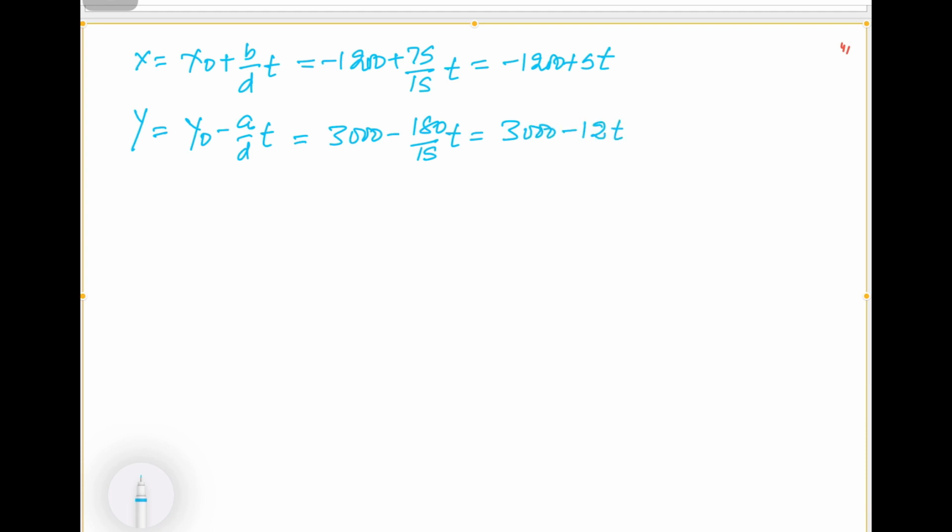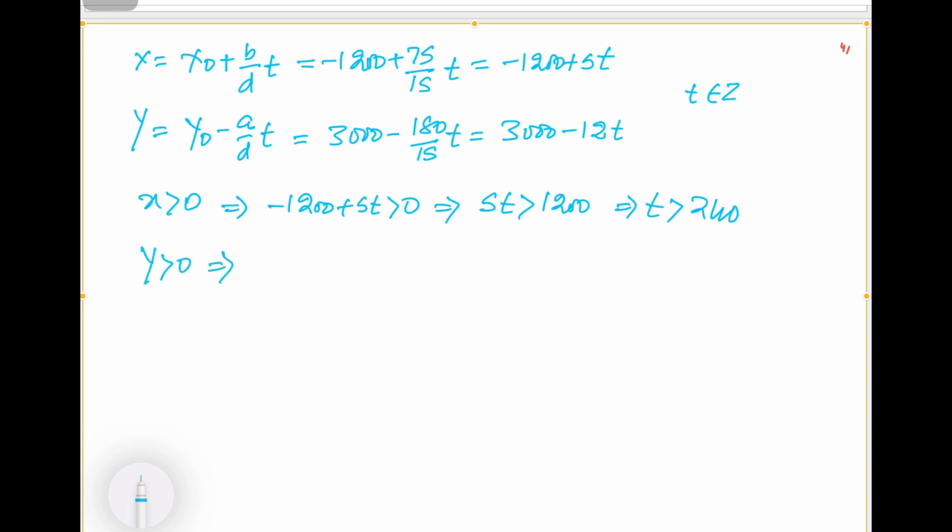Now to find positive solutions, we put x strictly greater than 0, which implies minus 1200 plus 5t strictly greater than 0, that is 5t strictly greater than 1200 and t is strictly greater than 240.